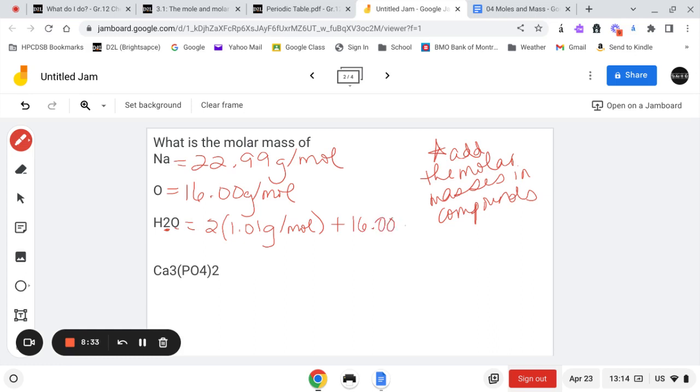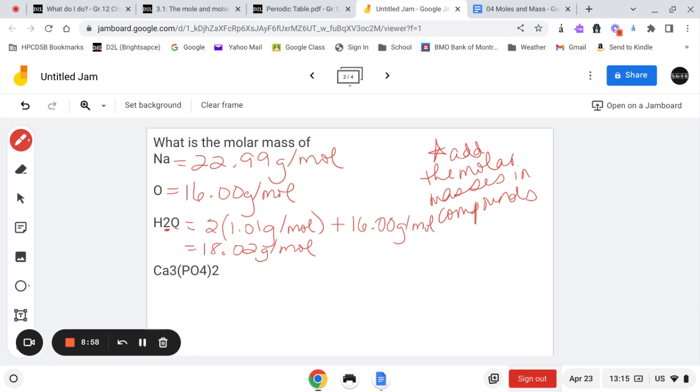We can just say plus 16 grams per mole. And this gives me a total of 18.02 grams per mole. Okay, so you have to just add up your elements, but you also have to take into account that there may be more than 1 of them. And if there are, you just multiply the number of atoms by the molar mass.